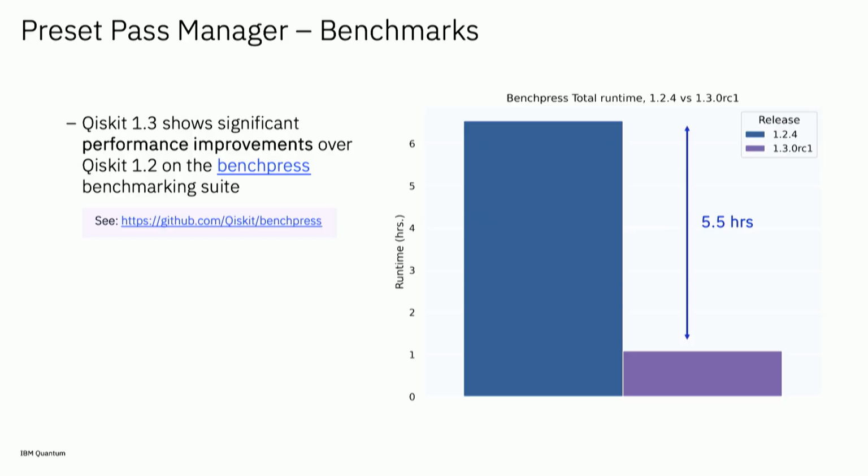So just to give a high-level view of that, when we ran Bench Press with 1.2.4, which is the most recent stable release, it took over 6 hours to run Bench Press. With 1.3.0 RC1, it took slightly over an hour. So we saved 5 hours to run this benchmark suite.